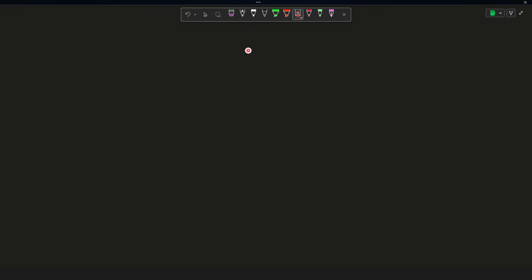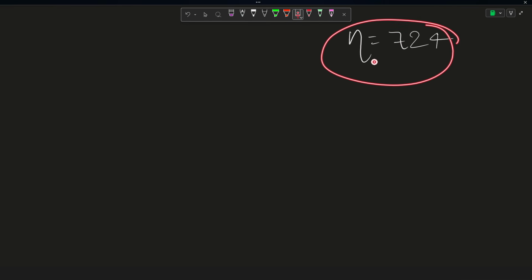Since the value of n can go up to 10 to the power 9, let's consider a value of n by ourselves. Let's say the value of n that I am considering here is 724, which is a 3-digit number that obviously lies in the given constraint. As I told you, we do not have to do anything with the value of n itself, rather we should be worried about its binary representation.